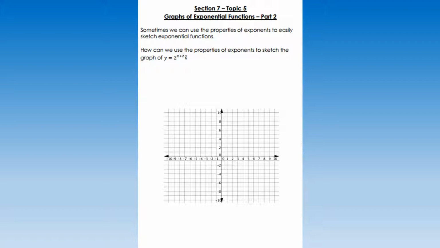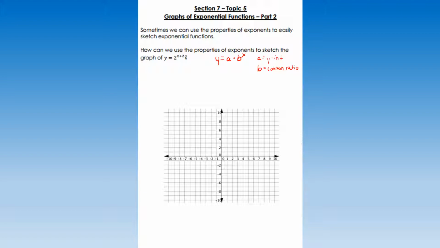How can we use the properties of exponents to sketch the graph of y equals 2 to the x plus 2 power? We're going to be referring back to our rules for exponents, but we're also going to be keeping in mind that for an exponential function, we want to write it as y equals a times b to the power of x, where a is our y-intercept and b is the common factor or the common ratio.